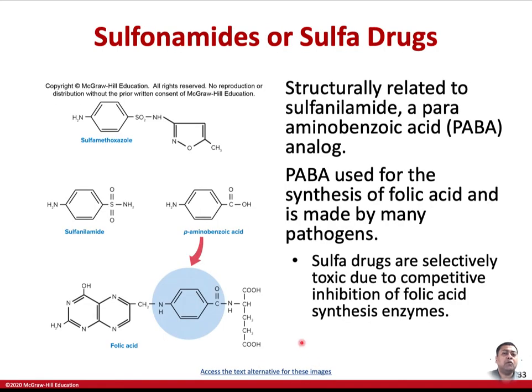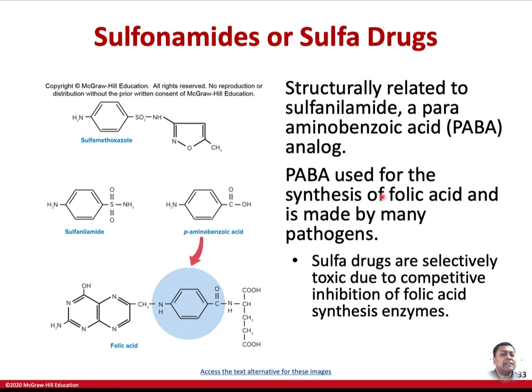So here we are looking at a structurally related compound, which is known as sulfanilamide. Sulfanilamide, which is also known as the sulfa drug, is very structurally similar to para-aminobenzoic acid. So it is an analog for the para-aminobenzoic acid. Now this PABA, or para-aminobenzoic acid, is used for the synthesis of folic acid, which is made by many pathogens.